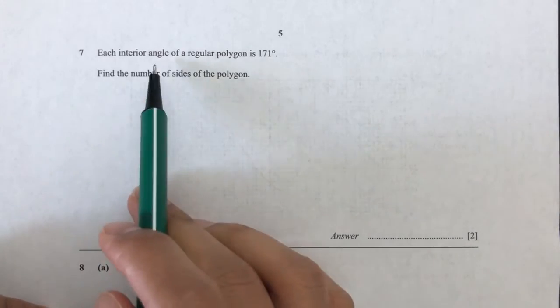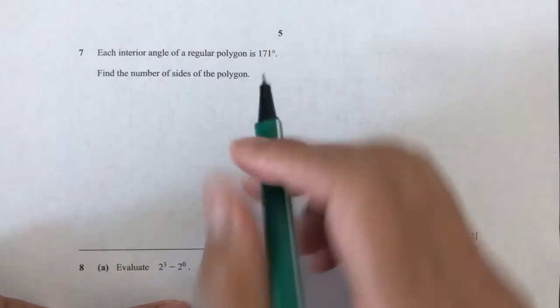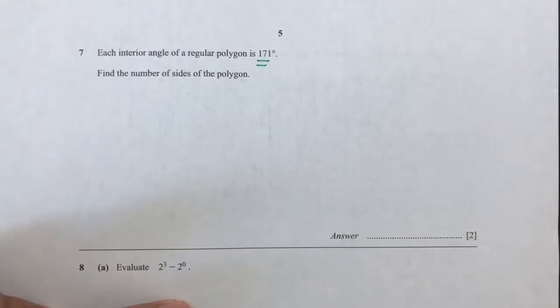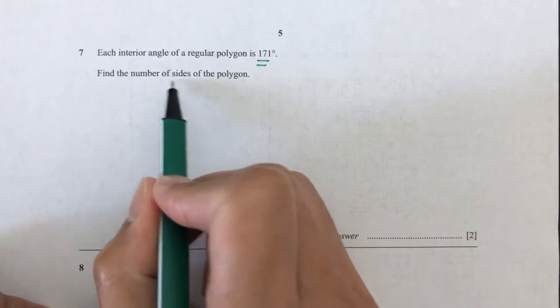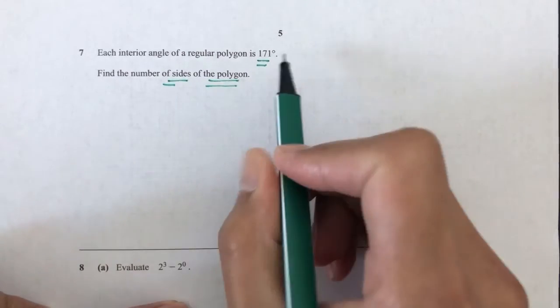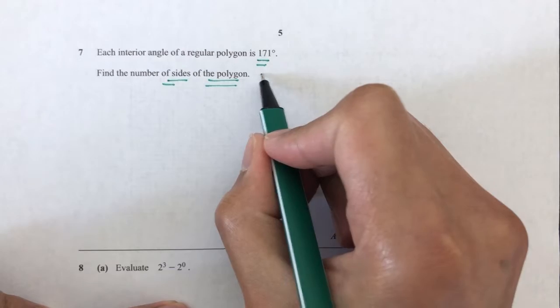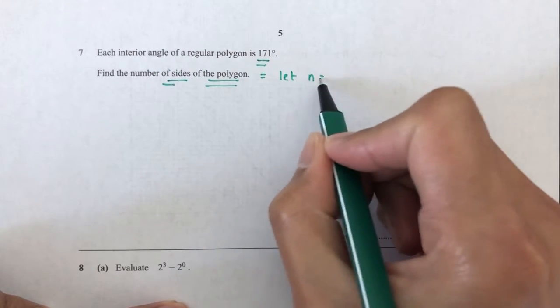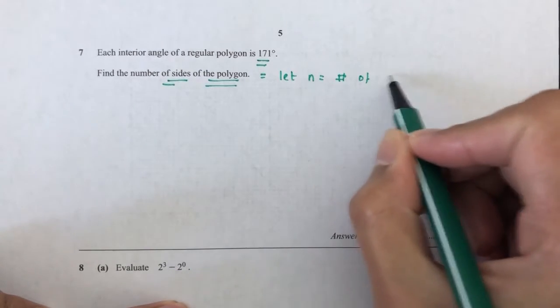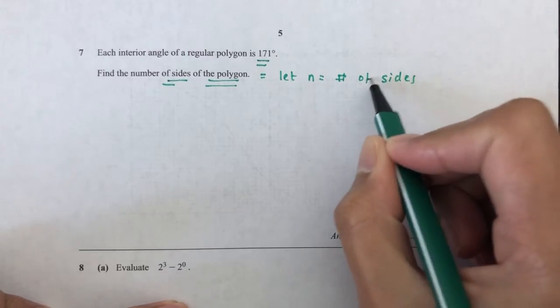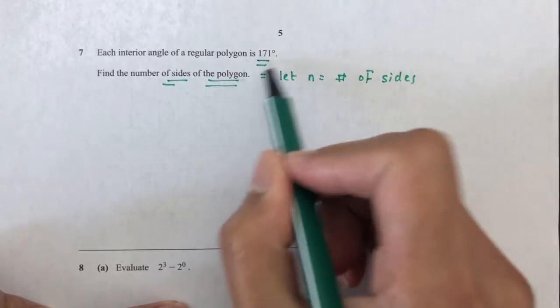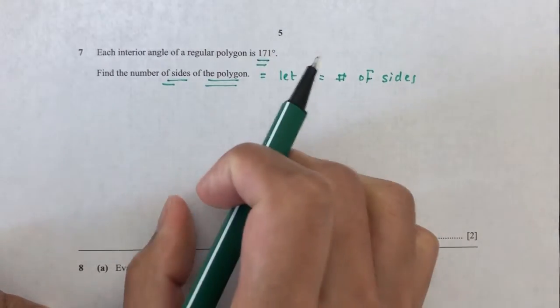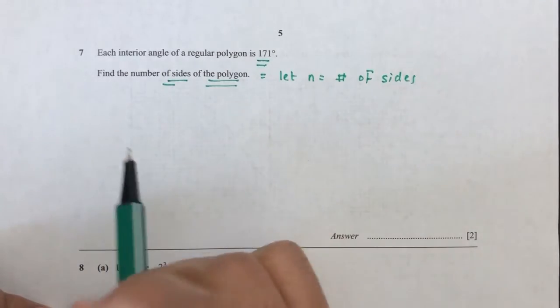Each interior angle of a regular polygon is 171 degrees. Find the number of sides of the polygon. So we have to use a formula here. Let n equal the number of sides of the polygon. We know that each interior angle is 171.